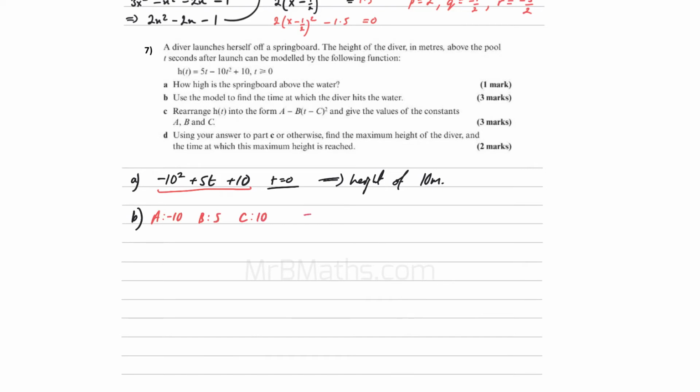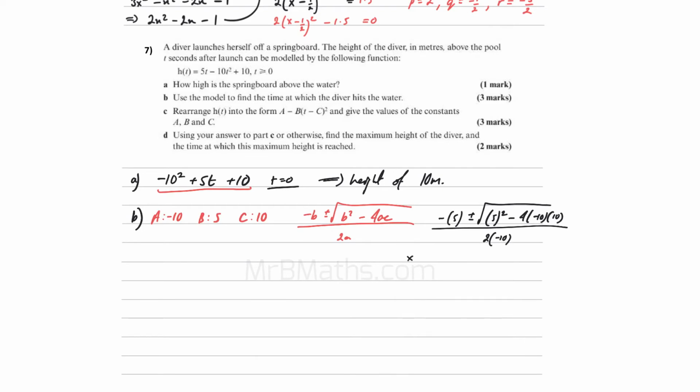We can then use the quadratic formula, minus b plus or minus the root of b squared minus 4 AC all over 2a. And substituting that in, we end up with minus 5 plus or minus the root of 5 squared minus 4 times -10 times 10 all over 2a, which is -10.